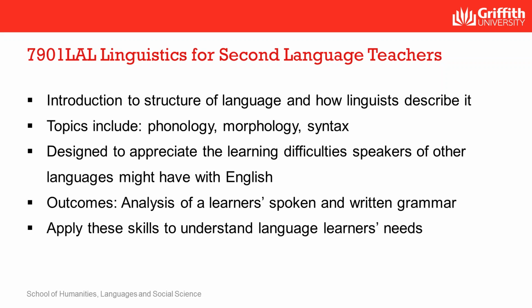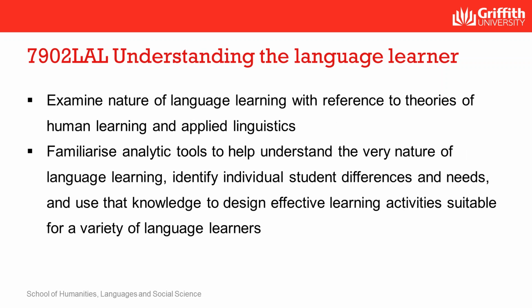The students will learn the skills of how to analyze learners' spoken and written grammar, and then apply these skills to understand language learners' needs. Another course is Seminar 02, Understanding the Language Learner. This course explains the nature of language learning with reference to theories of human learning and applied linguistics.